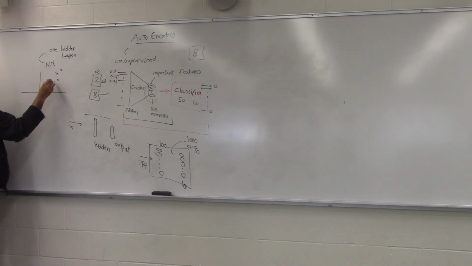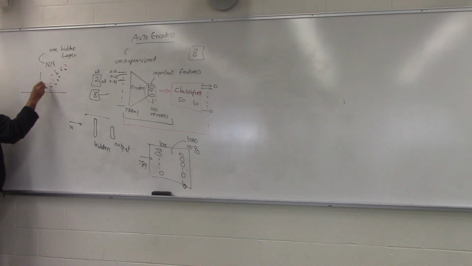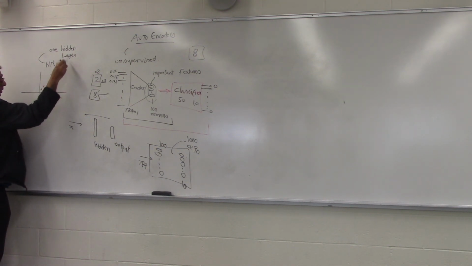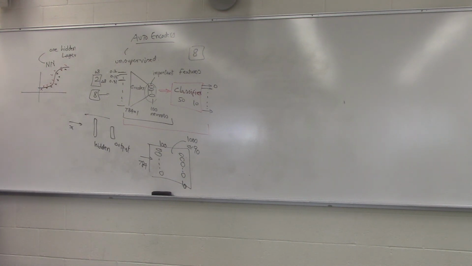If I have one class of data which looks like this, and another class of data which looks like this, then if we pick enough neurons in the hidden layer, the network can create a very proper decision boundary that distinguishes the data as much as possible.